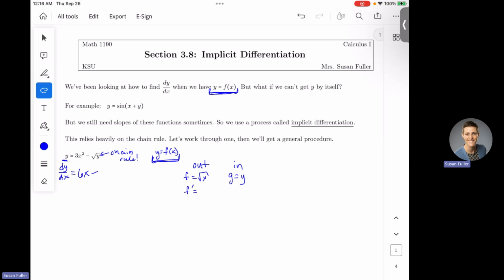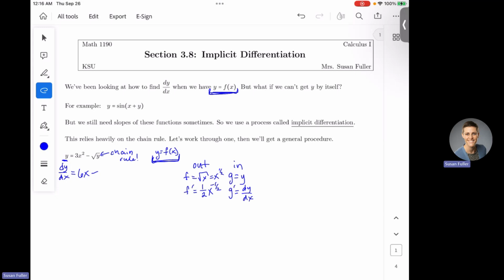I'm going to take the derivative of f and the derivative of g. The derivative of the square root of x, how do you do that? Yep, you're going to rewrite that as x to the 1/2, and then you're going to do the power rule. You're going to get 1/2 times x to the negative 1/2. And I'm going to do the derivative of y, which is dy/dx.